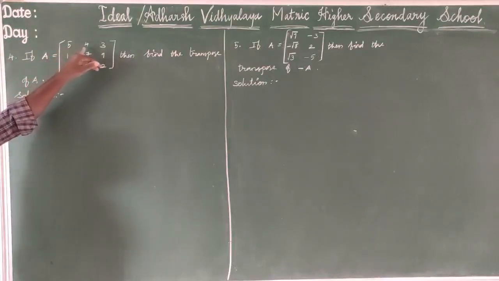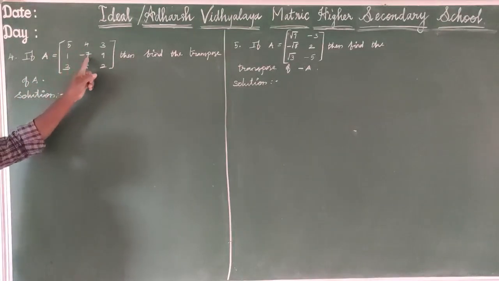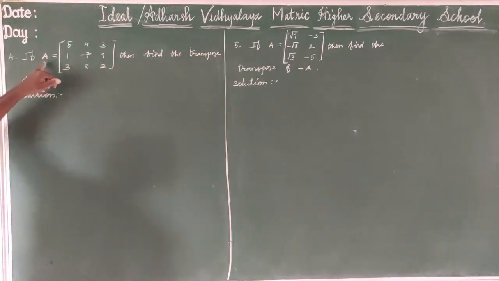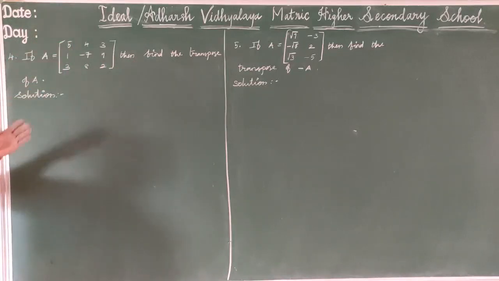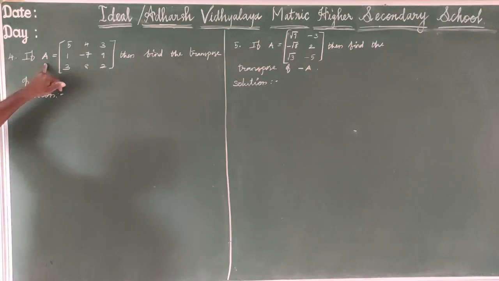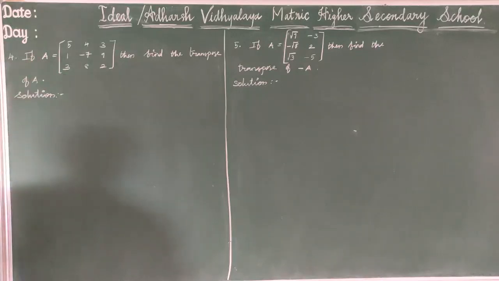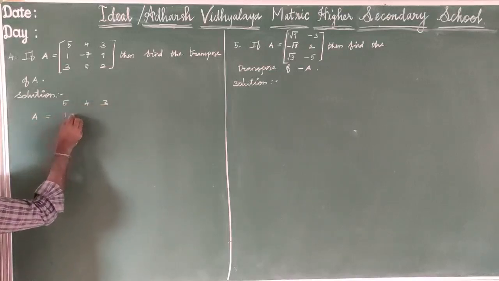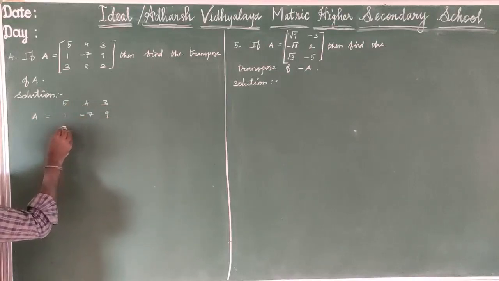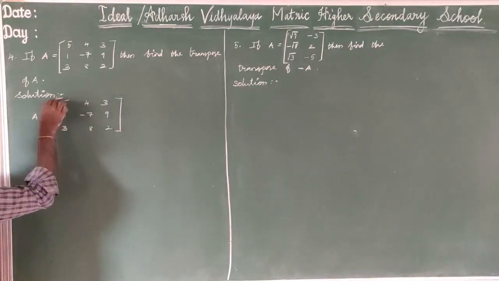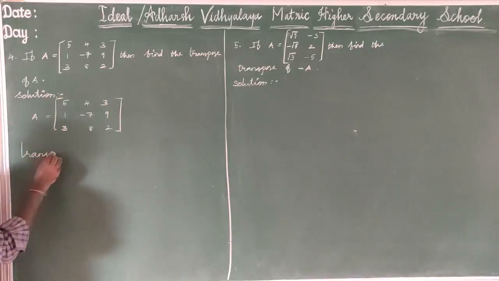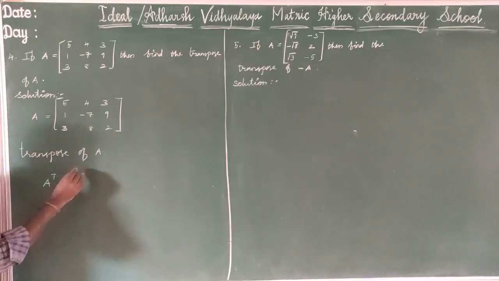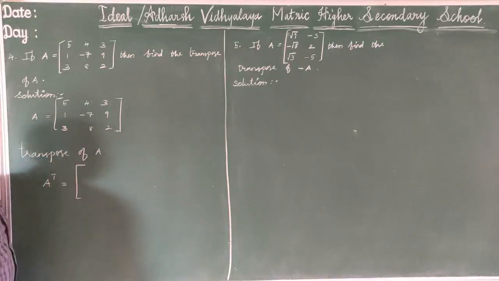If A is equal to 5 4 3, then 1 minus 7 9, 3 8 2, then find the transpose of A. A is of order 3 by 3, so the transpose of A is also a 3 by 3 matrix. The transpose is obtained by interchanging the rows and columns.